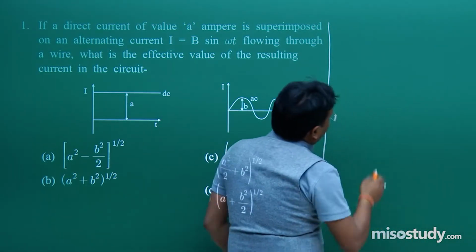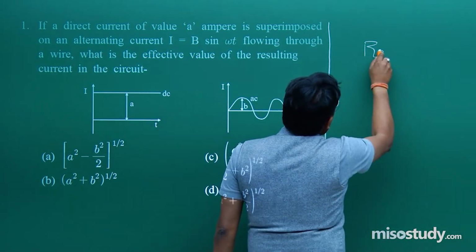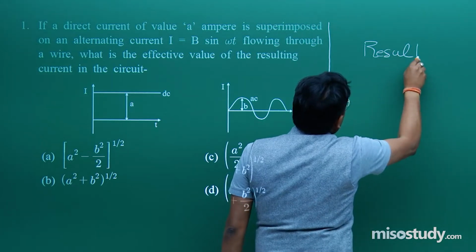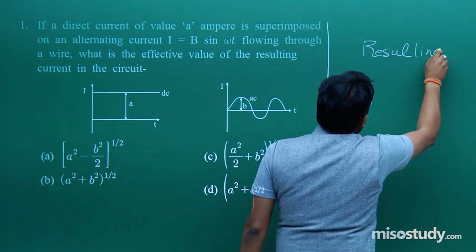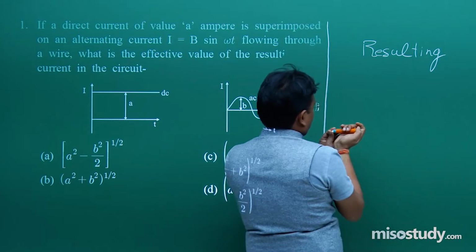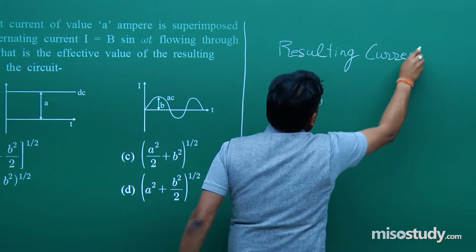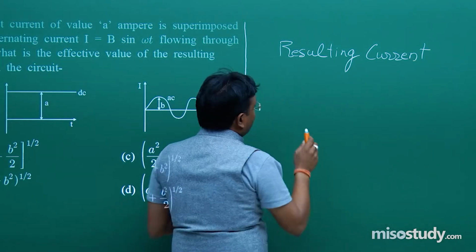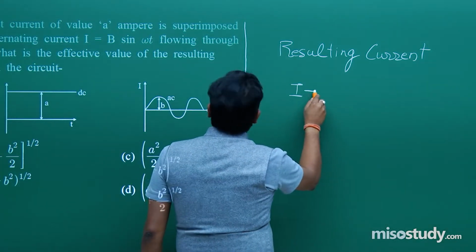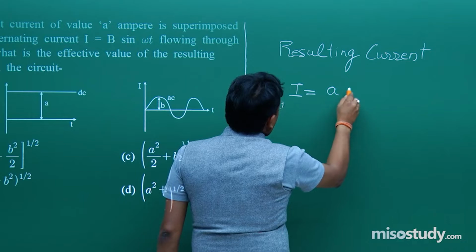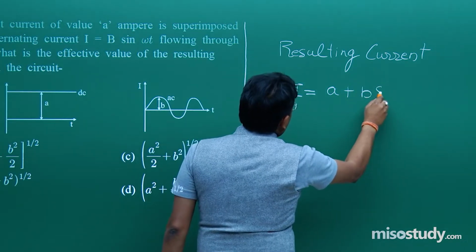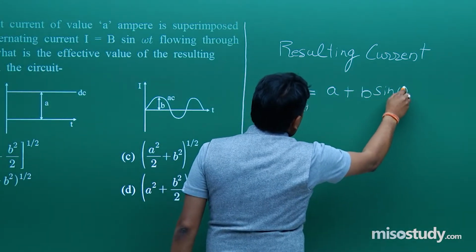Fine. So first is the resulting current after superimposition. Resulting current is I equals A plus B sin omega t.